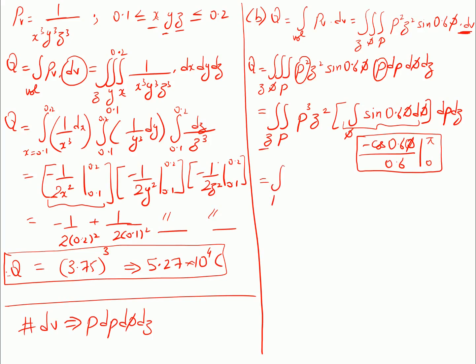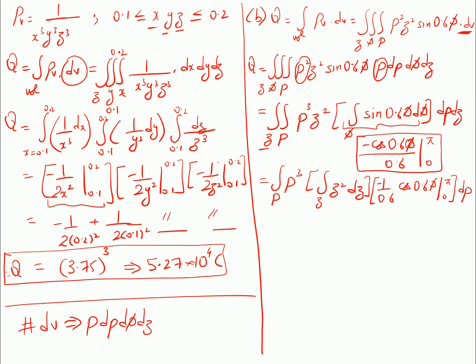I can bring the rho cube out, and then integrate z square d z, and here I can take 1 by 0.6 out, so let's take it as negative 1 by 0.6, and then cos of 0.6 phi with its range 0 to pi, and the remaining element is d rho.